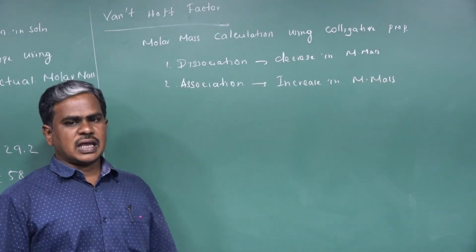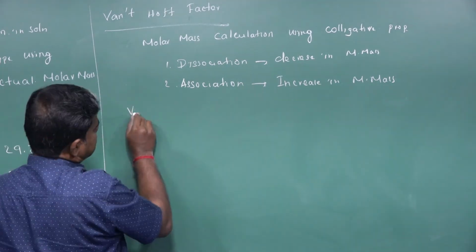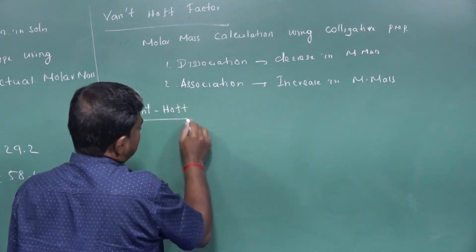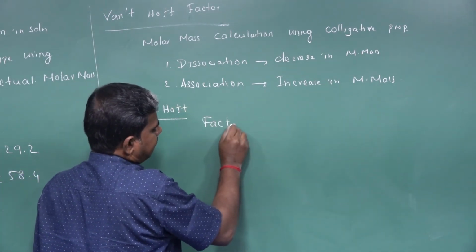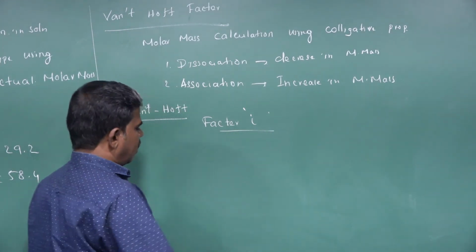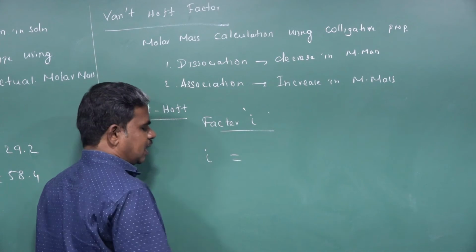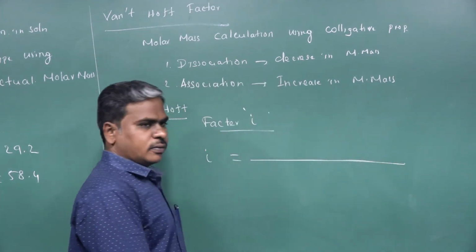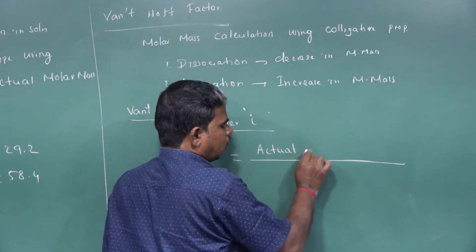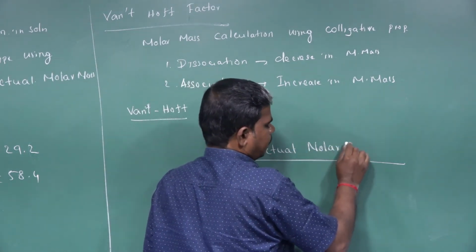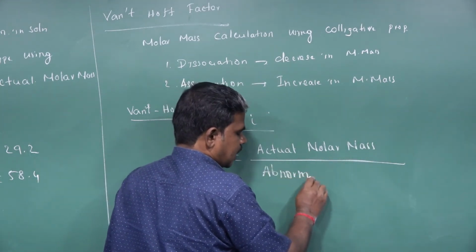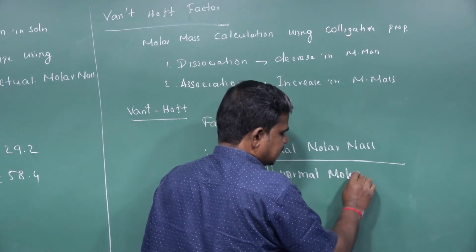For that purpose, we introduce the factor i, which is known as Van't Hoff factor. The Van't Hoff factor i is defined as the ratio of actual molar mass to abnormal molar mass.